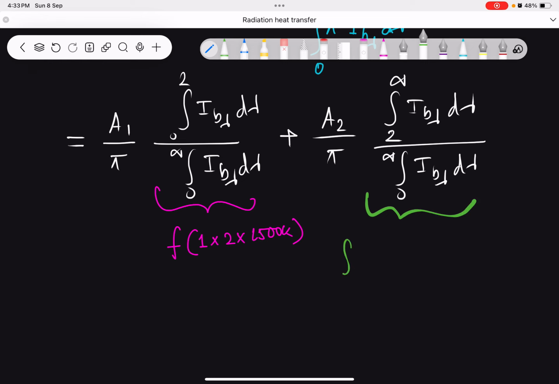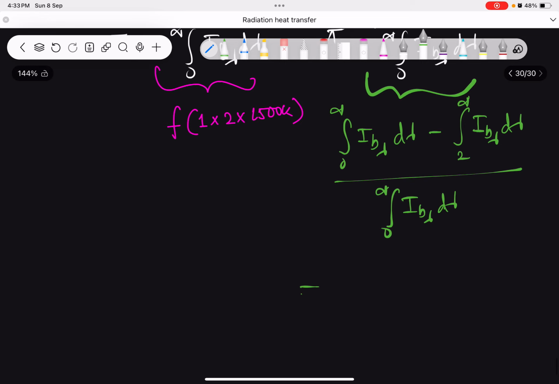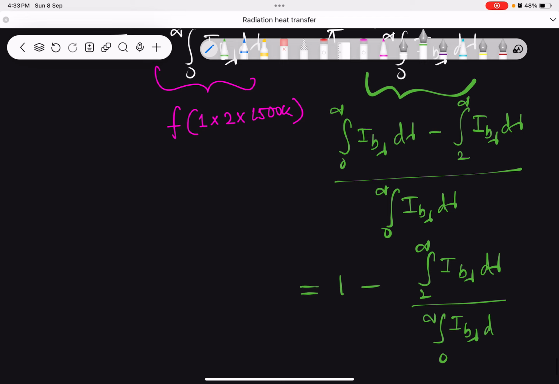This whole thing will be 0 to infinity Ib lambda d lambda minus 2 to infinity Ib lambda d lambda, by 0 to infinity Ib lambda d lambda. So this becomes 1 minus 2 to infinity Ib lambda d lambda by 0 to infinity Ib lambda d lambda.